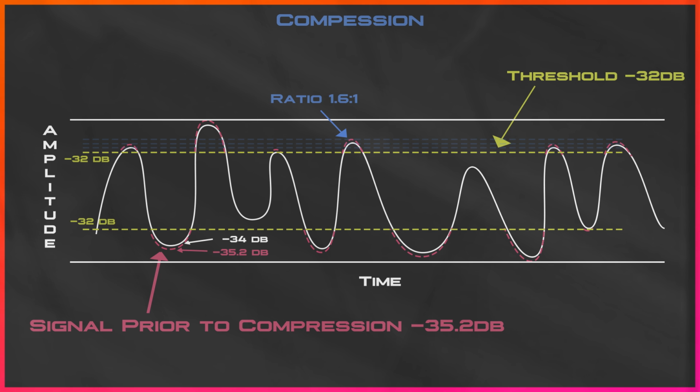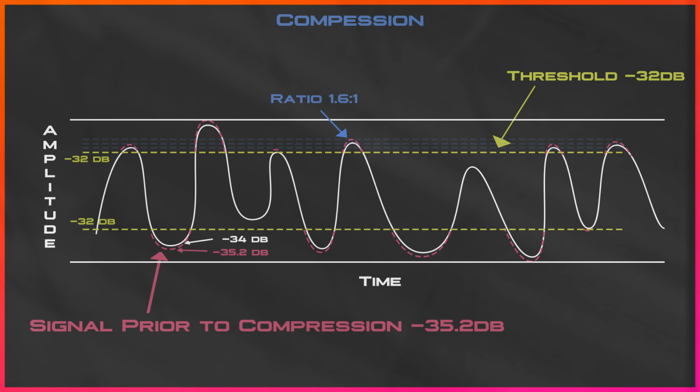So 1 decibel will be in its place per se. If we exceeded by 3.2 decibels, then 2 decibels would come out of the threshold. So if we exceeded the -32 by 3.2 decibels, so our vocals hit -35.2 decibels, then what will happen is our audio level would be compressed down to -34 decibels.